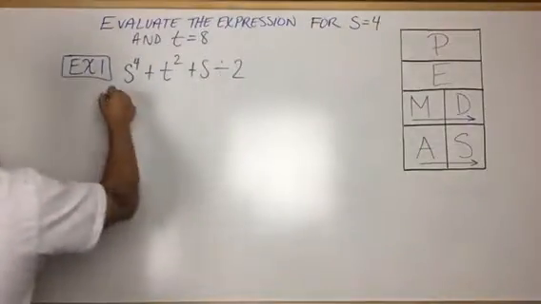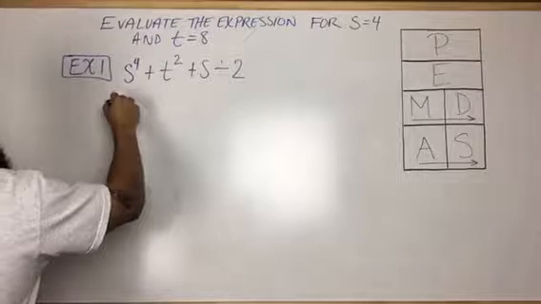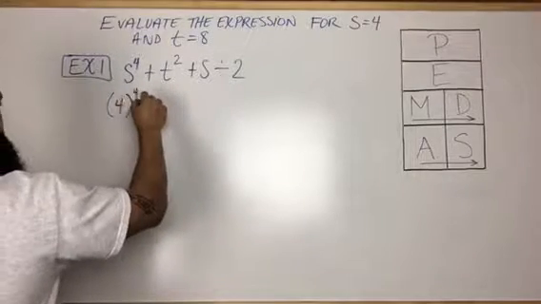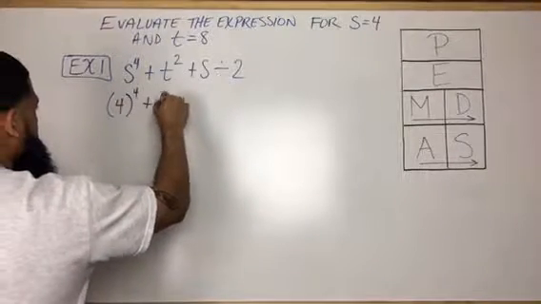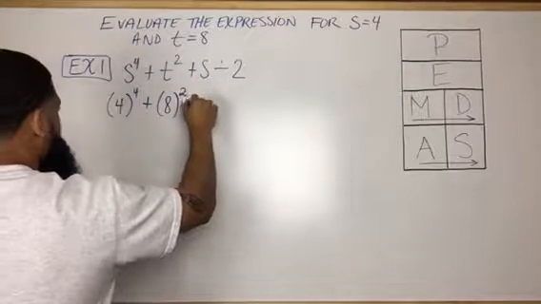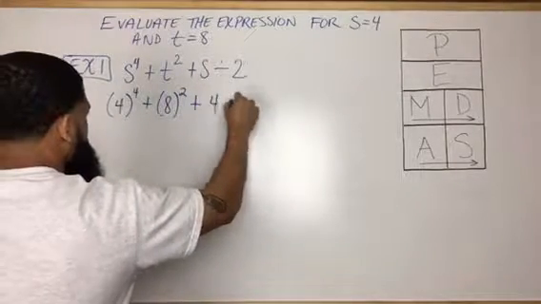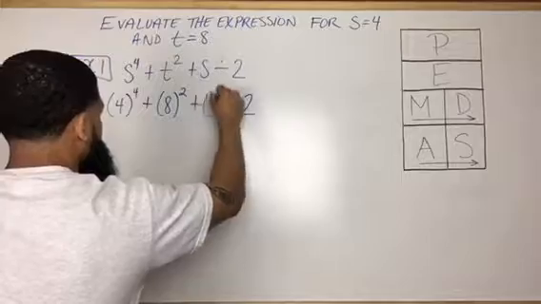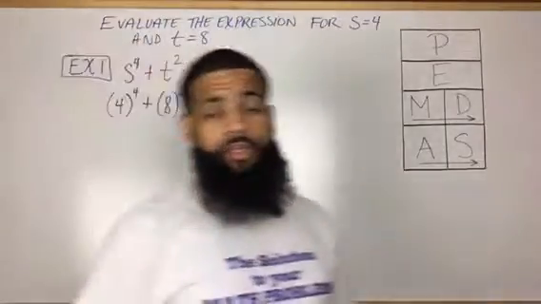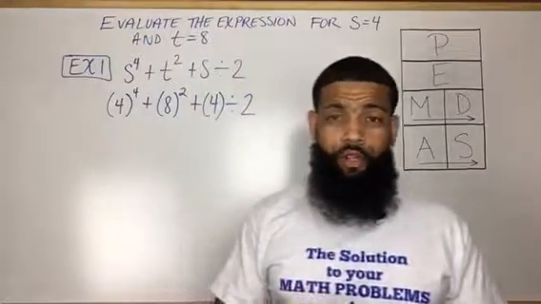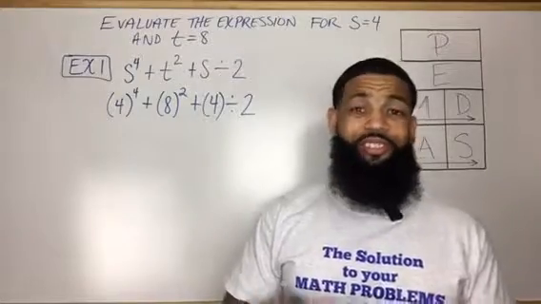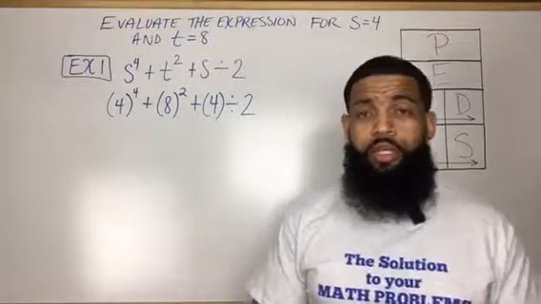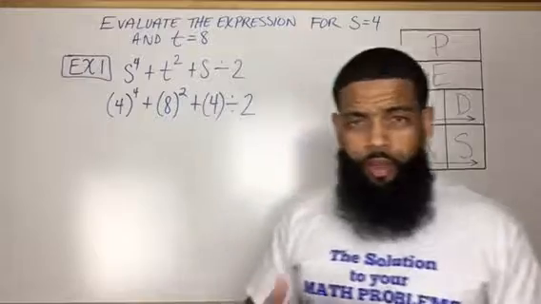Okay, so I actually have 4 to the 4th power plus 8 to the 2nd power plus 4 divided by 2. Notice anytime you see me substitute a value of a variable, I like to put it in parentheses. It just reminds me that I have substituted that variable for some number.